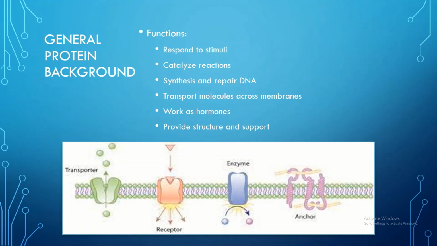Some of those functions can be to respond to stimuli, catalyze reactions, synthesize and repair DNA, transport molecules across plasma membranes. They can work as hormones or enzymes, and they provide structure and support. So we see in this image there's a transporter protein moving molecules across this membrane, receptor and enzyme proteins on this membrane to catalyze reactions or start reactions to tell the cell to grow and divide.